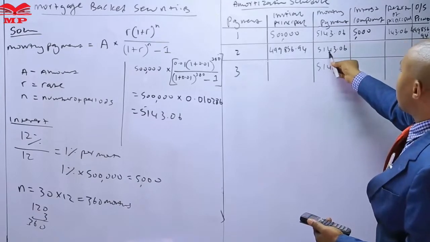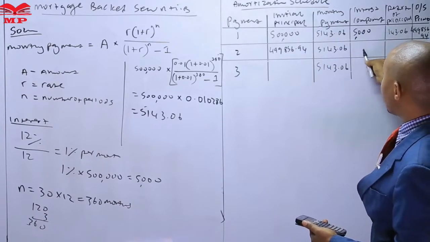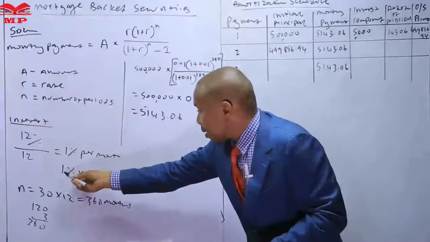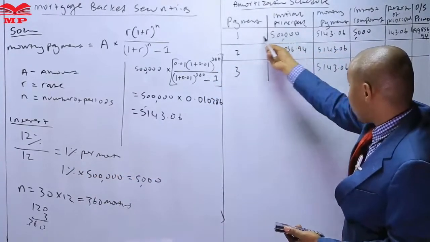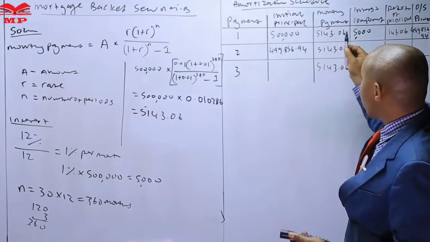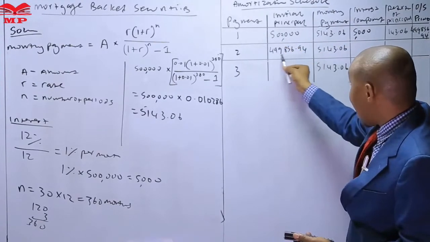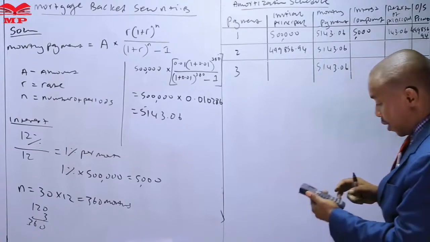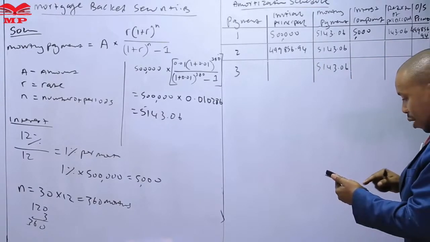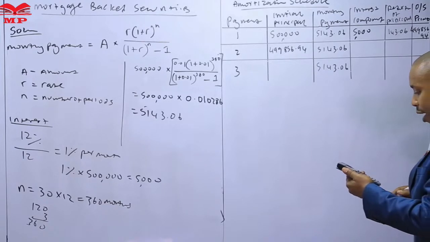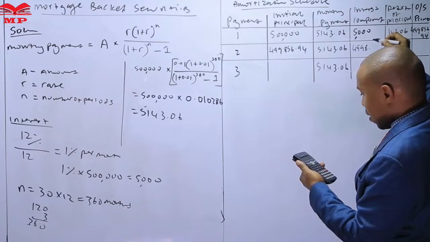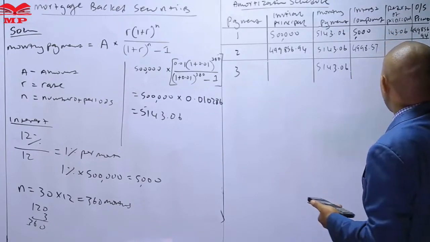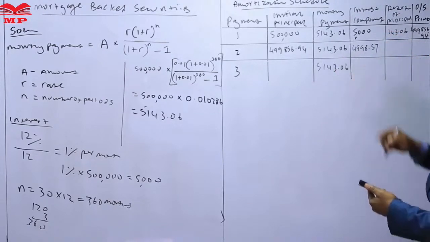Then we have the monthly payment there. The interest component will be now this 1%, not of 500,000, because 500,000 represented the initial principal for the first month, but now it will be 1% of the initial principal at the beginning of the second month there. So times 0.01, and we have 4,998.57.